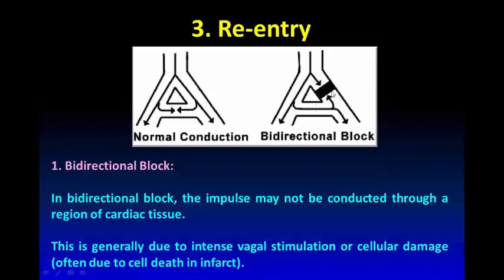So this is bidirectional block. This bidirectional block will not initiate a circus movement. A circus movement will be initiated if there is a unidirectional partial block. Bidirectional block is generally due to intense vagal stimulation, or it happens as a result of cellular damage, which is often due to cell death of the myocardial tissue, as in myocardial infarction.